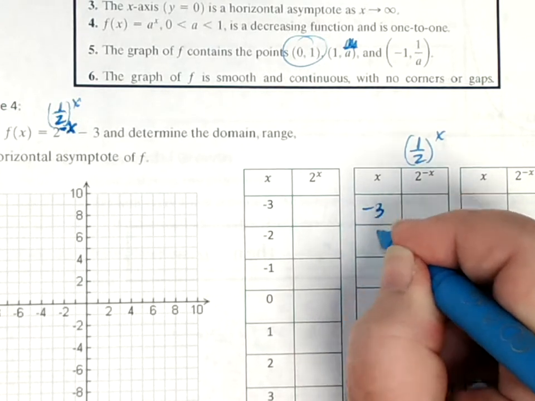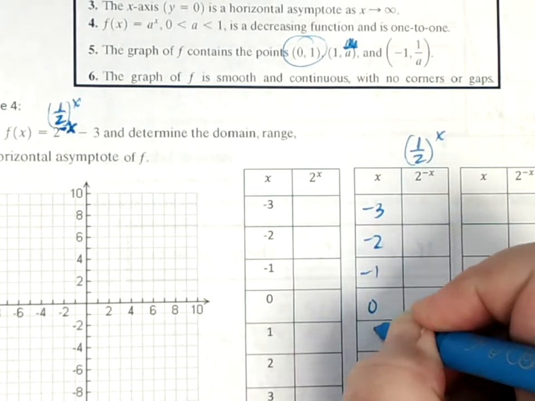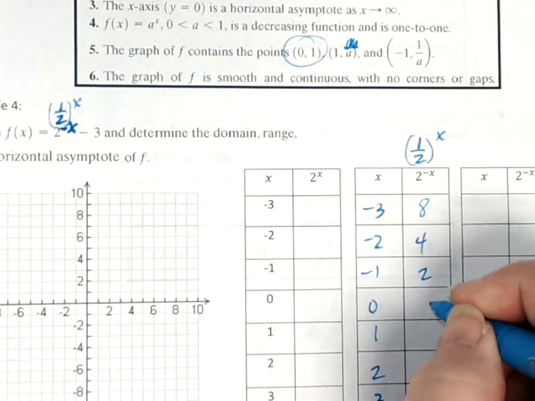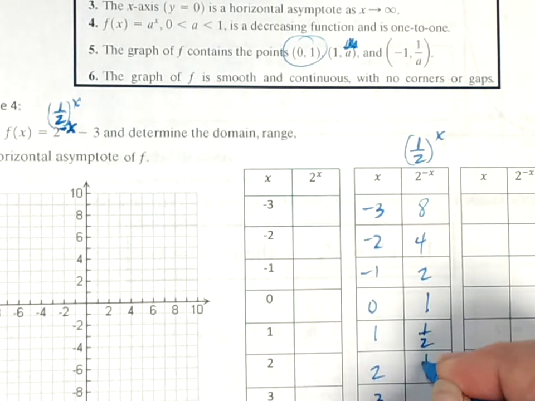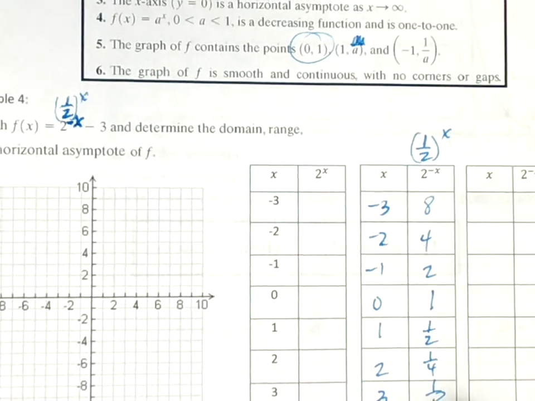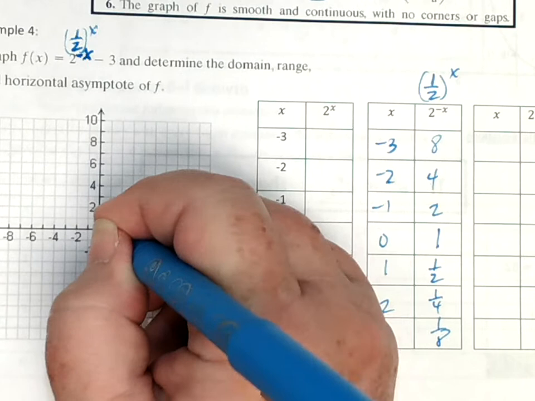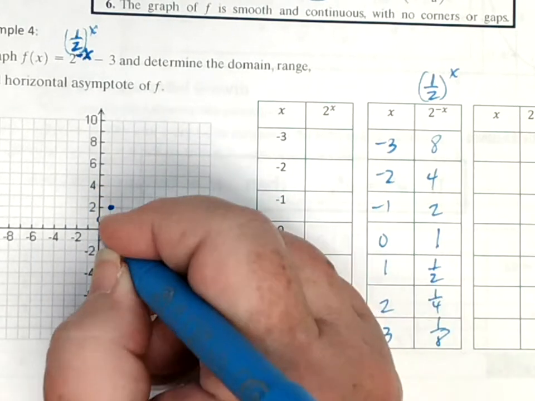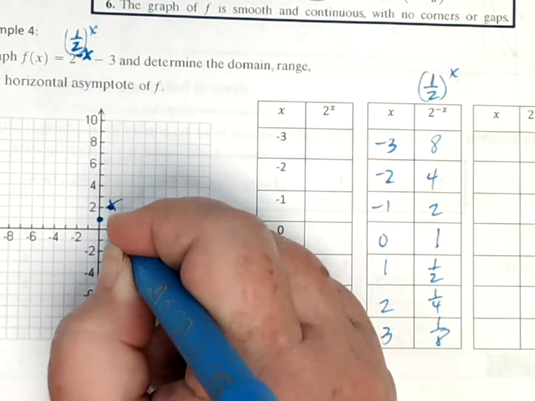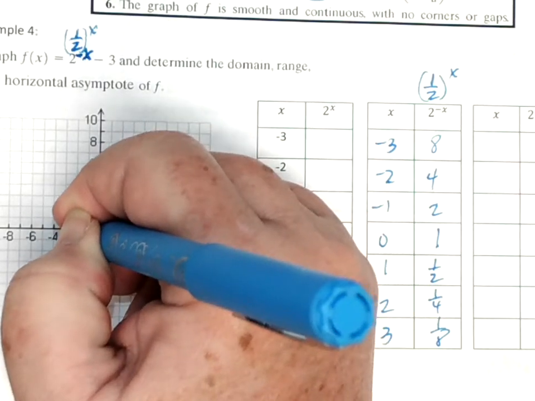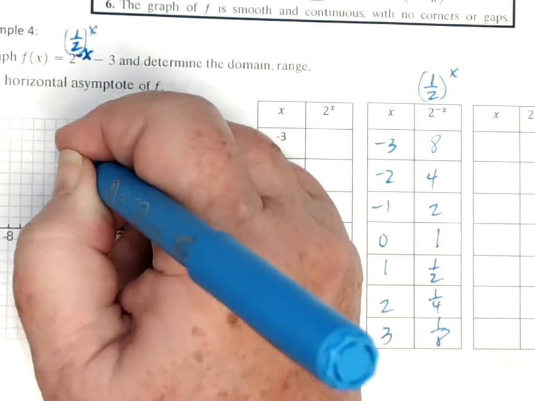And I'm going to plug in the values that I've already found for this function. We found 8, 4, 2, 1, 1/2, 1/4, and 1/8. Okay, and we plot those points. We've got (0, 1), we've got (1, 1/2), (2, 1/4), (3, 1/8), but (-1, 2), (-2, 4), and (-3, 8).